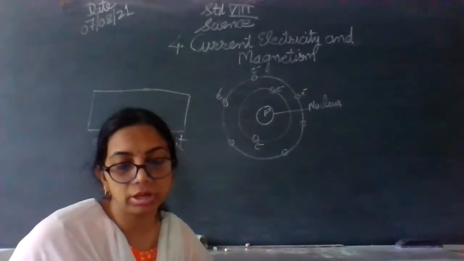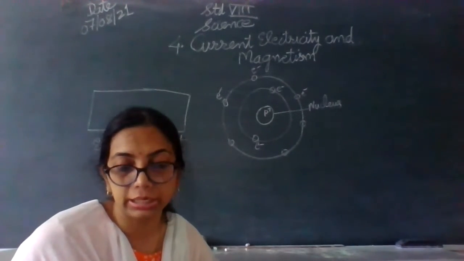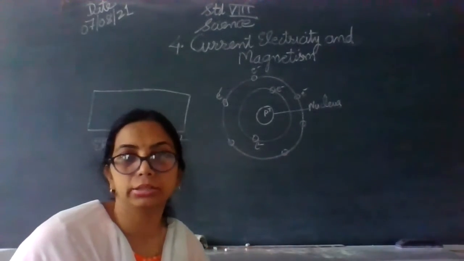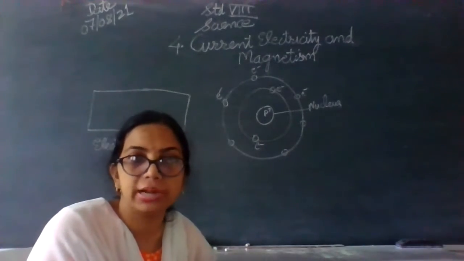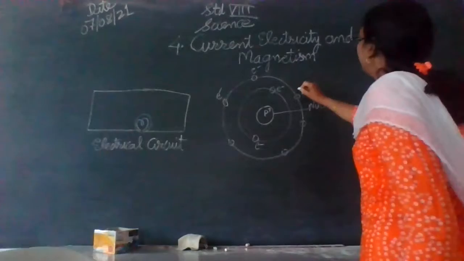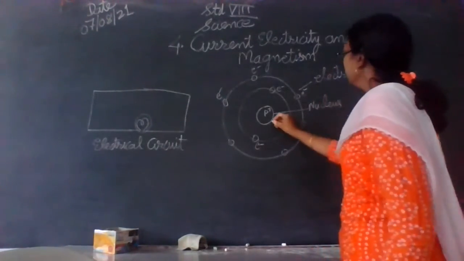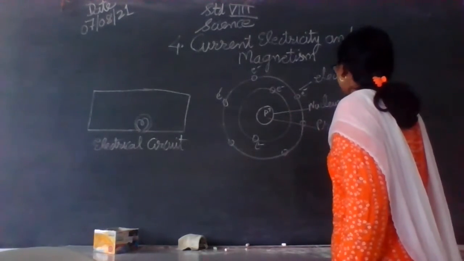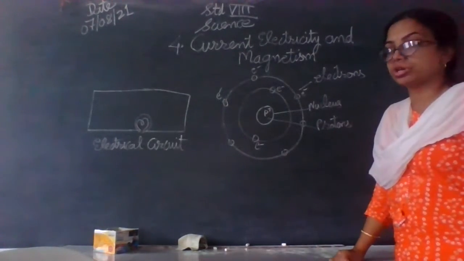Now we get electric current when the electrons in an electrical conductor are made to flow from one atom to another. So atomic structure you can understand: positive charge at the center and negatively charged electrons which are revolving around. These are the electrons. Here inside the nucleus there are positively charged protons that make it neutral by their charges.